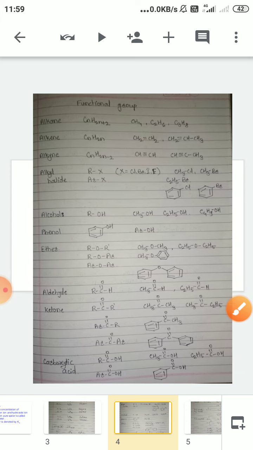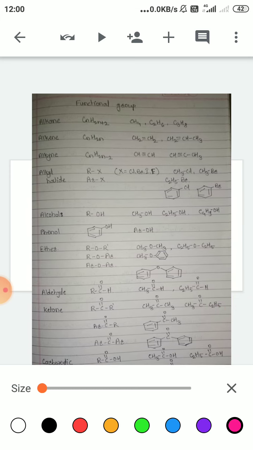Now examples: CH3OCH3, that is dimethyl ether. Two methyl groups are attached to the oxygen atom, therefore dimethyl, and the functional group is ether, therefore dimethyl ether.